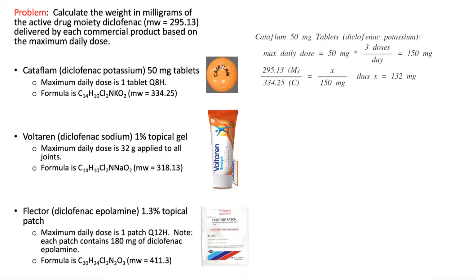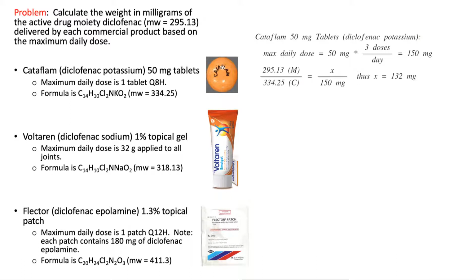So I guess my question to you is, how much of the active moiety, just diclofenac, is that person getting each day? Well, this is easy now. You've got this skill. Let's set up the ratio of the formula weight of the moiety over the formula weight of the compound. We were given in the first part of the question that the active moiety diclofenac has a formula weight of 295.13. So let's set that over the molecular weight of the diclofenac potassium, which we were given to be 334.25.